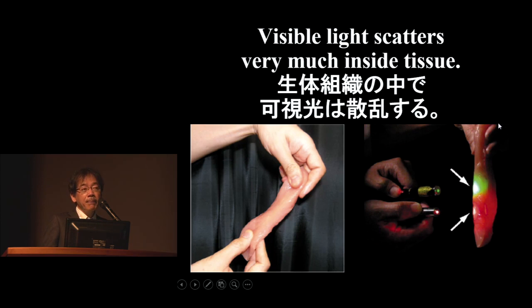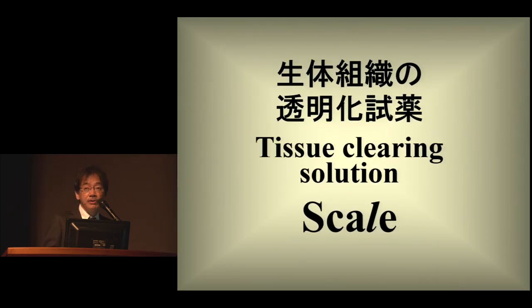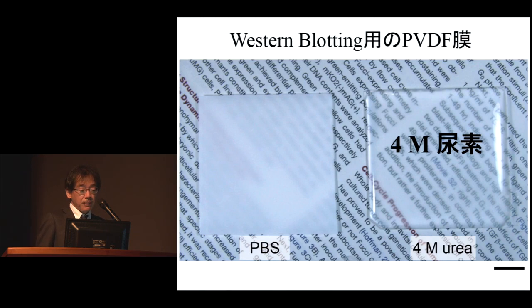So now I'd like to touch upon tissue clarification technology a little bit. A long time ago, we discovered that the PVDF membrane for Western blotting became transparent when soaked in formaldehyde.